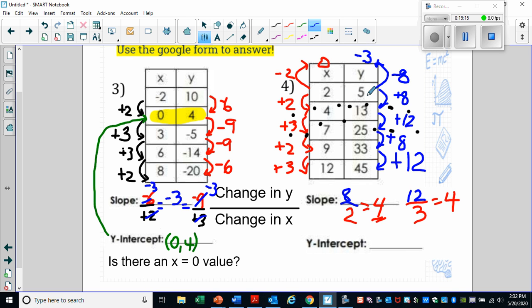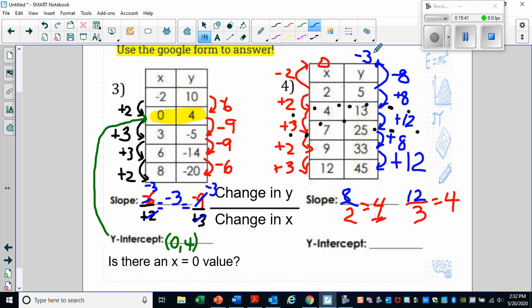So for this problem, originally going down the table, we added. But if we're going in reverse, we would have to, in this case, subtract. So rather than adding 8, we're going to go 5 minus 8 to give us negative 3, because we went from positive 2, so subtract 2, we get to 0.